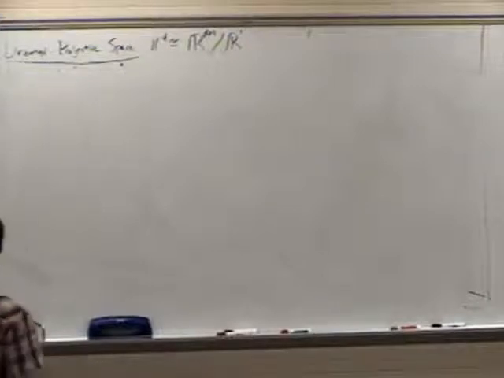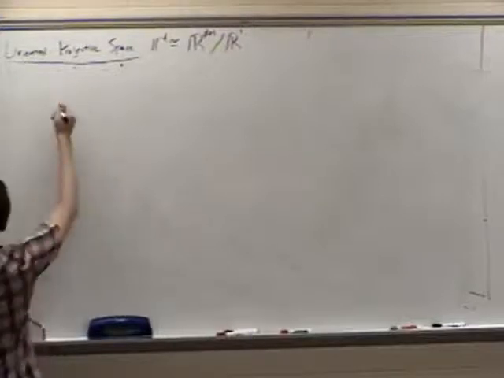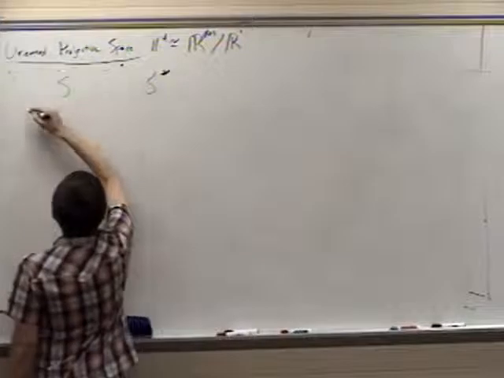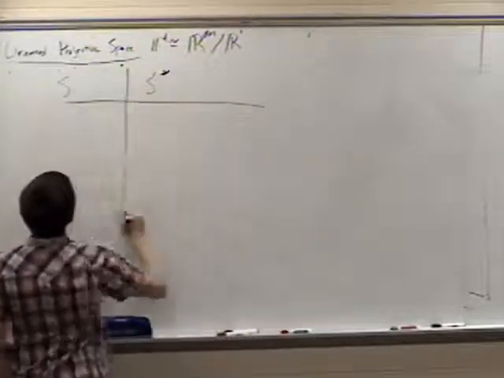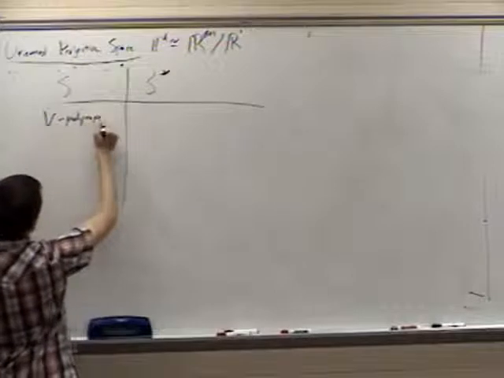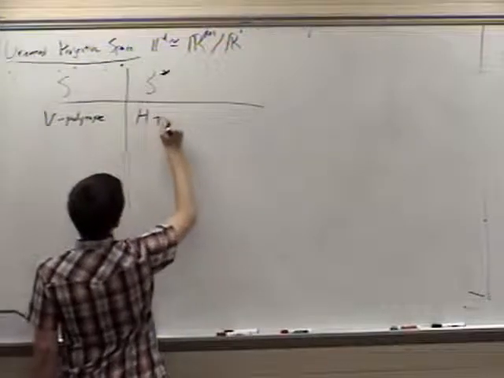Operations with dual polytopes. So here's a quick table of duality for polytopes. Again, if we take a V polytope and we take its dual, we get an H polytope.